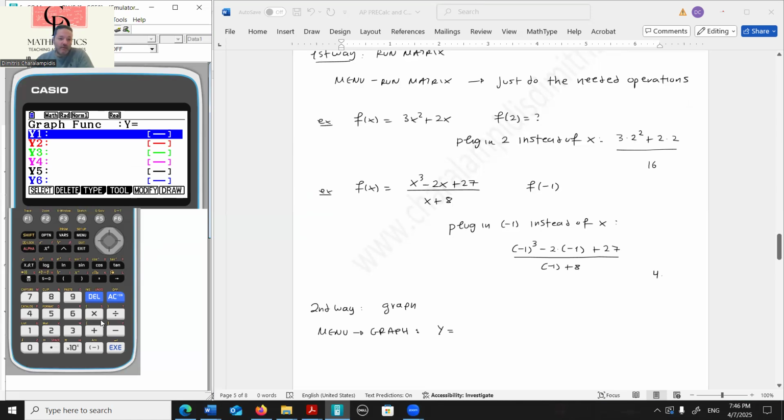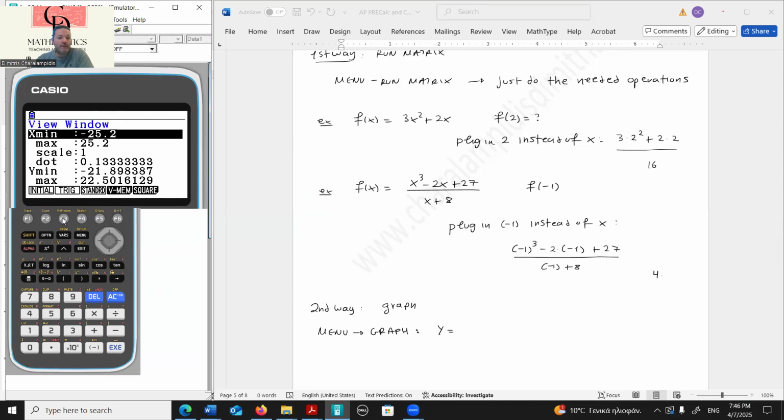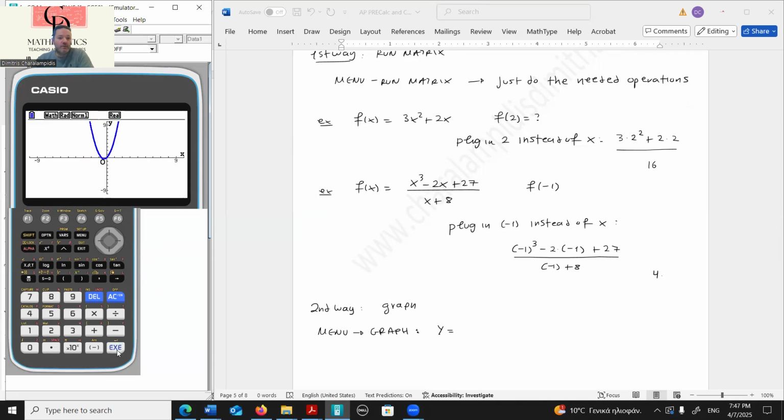Let's do the same examples, starting with 3x squared plus 2x. Draw. It drew this graph. Let me change the window so that we can see it more clearly. I need to find f of 2.